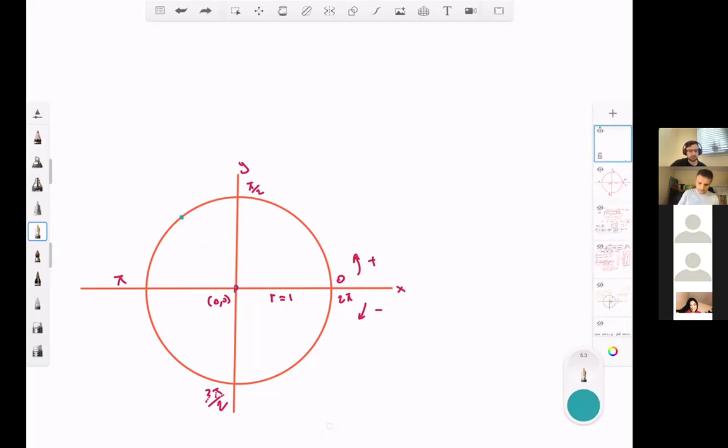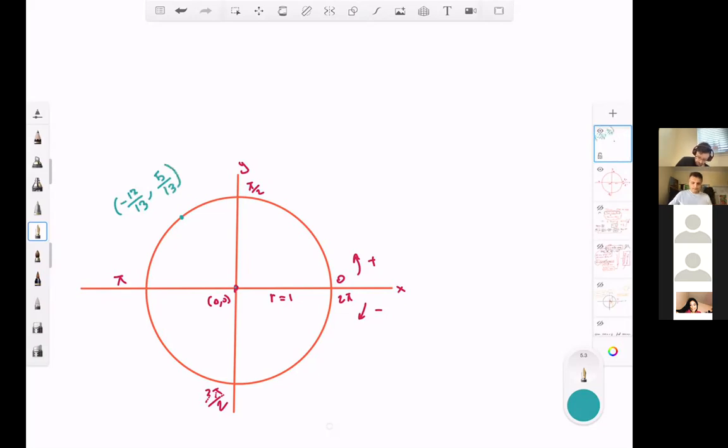The coordinate of this point is negative 12/13, comma, 5/13.